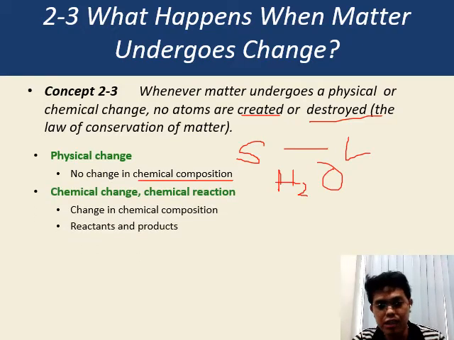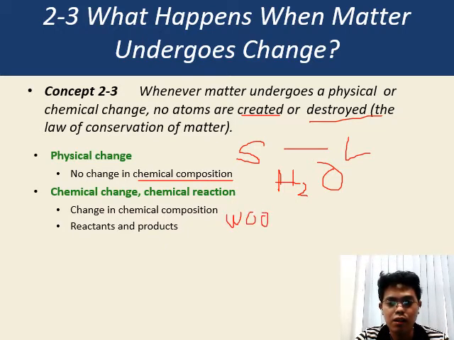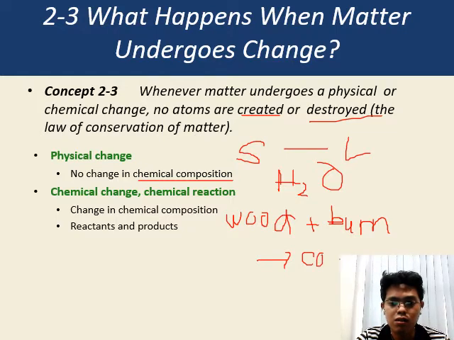How about chemical change? There is a change in chemical composition. For example, the reactant is wood. If we burn the wood, the catalyst for this is the fire. It will create a new product, which is coal. So there is a change in chemical composition.